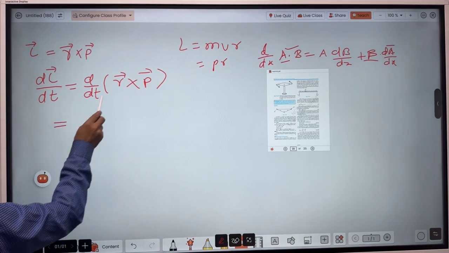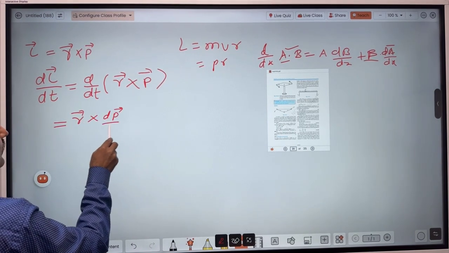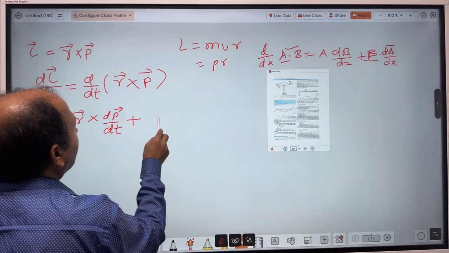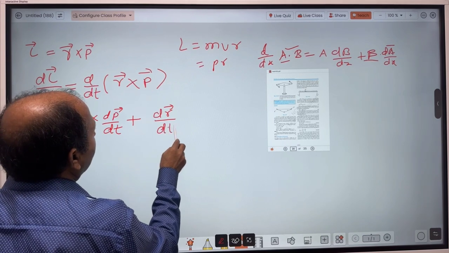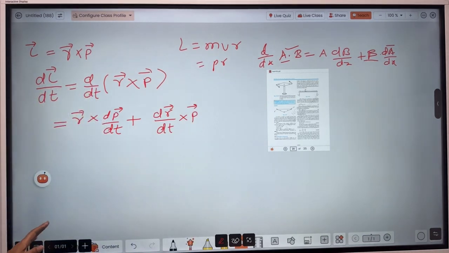So here R cross dp upon dt plus dr by dt cross p. Is it okay?